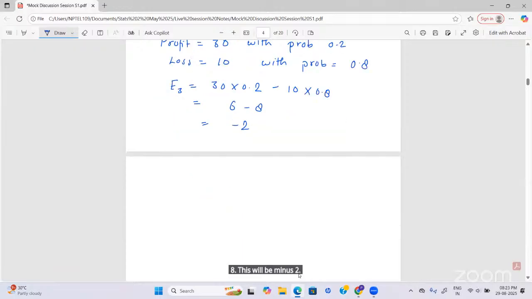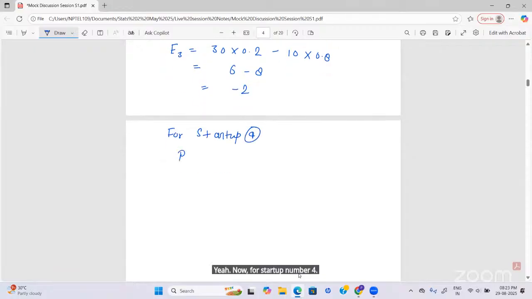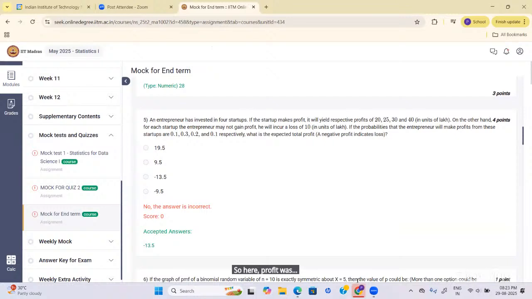Now for startup number 4, the profit was 40 with probability 0.1.